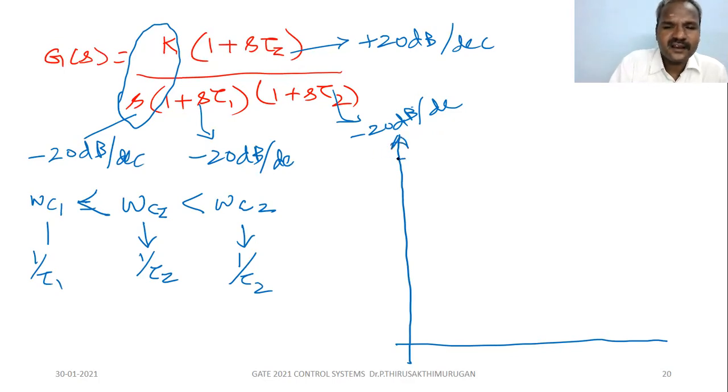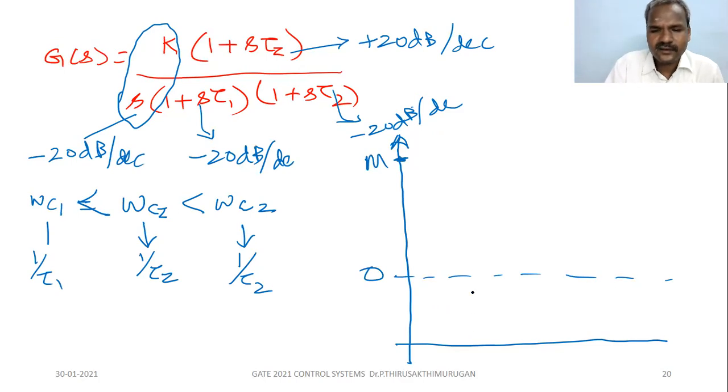Initially it starts with the slope of minus 20 dB per decade. So the first corner frequency, 1 by tau 1, occurs here. Sorry, I will take some more height here. So this is the 0 dB line. This is the initial magnitude with this factor.